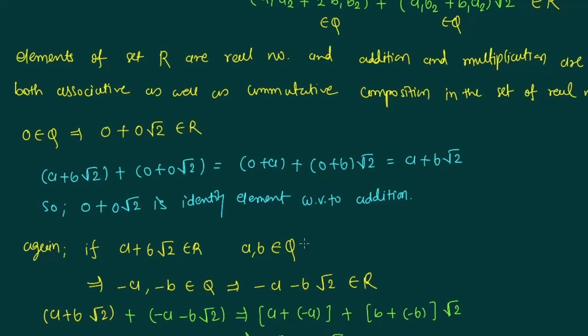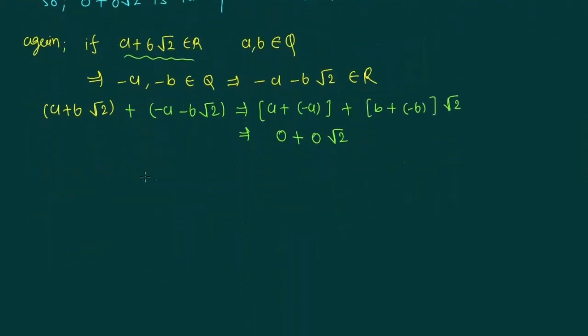So this is the additive identity element of the set R. This implies that if any element a plus b root 2 belongs to R, then we have the inverse element with respect to addition. So each element of R possesses an additive inverse.